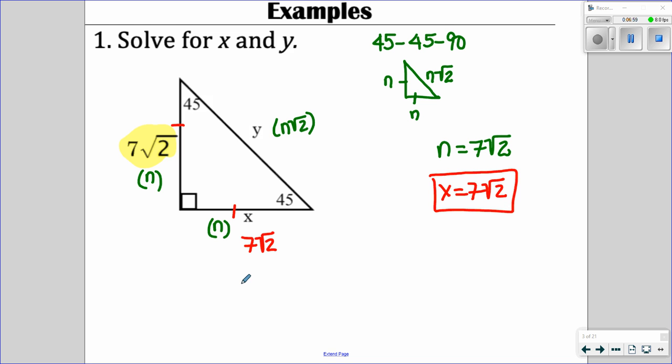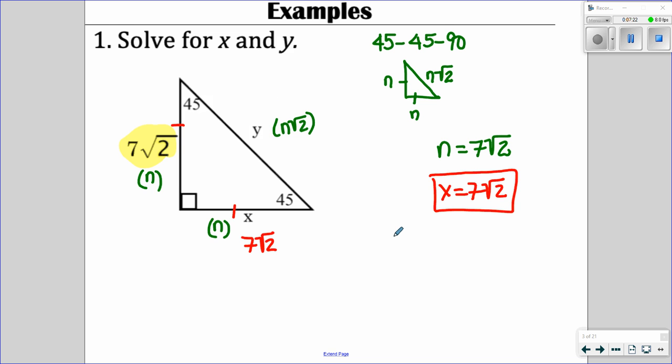Now I need to find y. All right, I see that y, the hypotenuse, is equal to n root 2. I already solved for n, which was already given, 7 root 2. So I just plug it in.